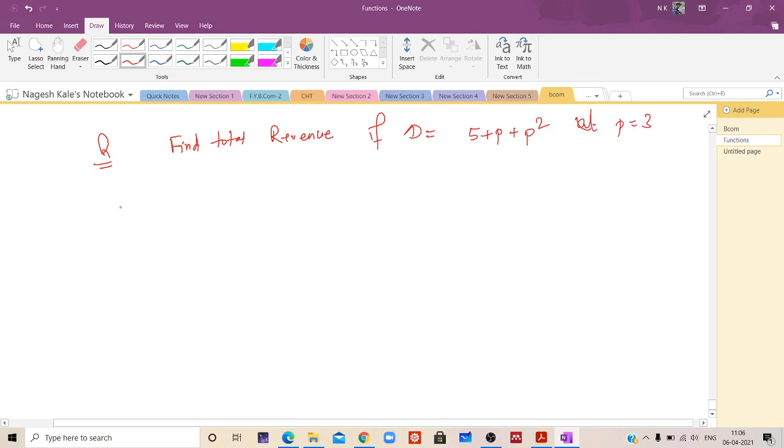Okay, so again what you have to do, you have to find out the revenue function first of all. So here D is equal to 5 plus p square, right? And we have to find out total revenue at p equal to 3.